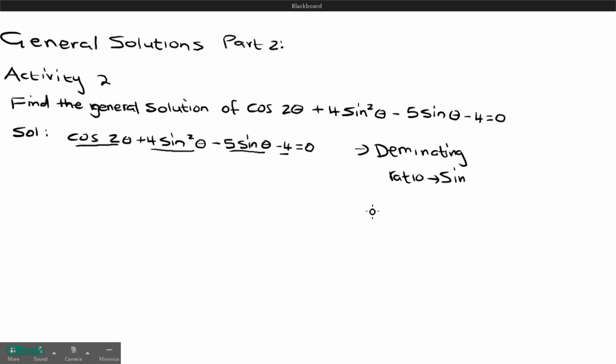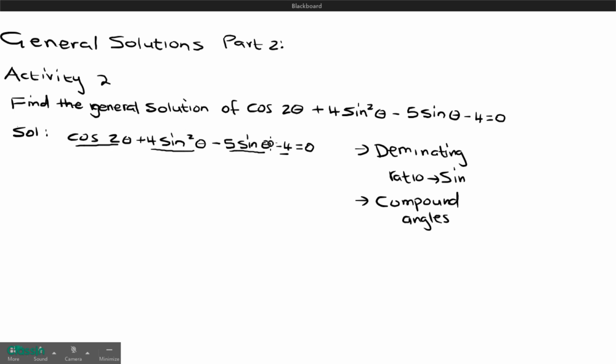Now, the second thing that we are going to check is, do we have compound angles? When we check, we have a square identity here.